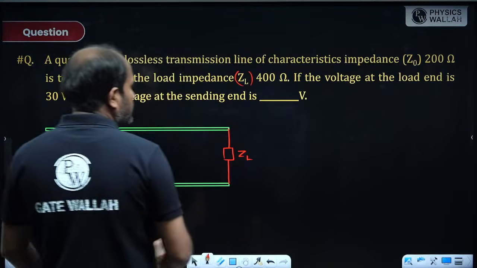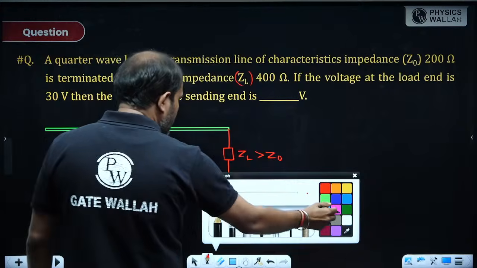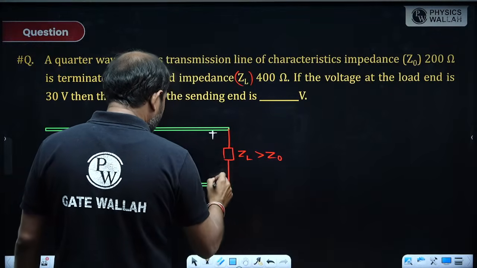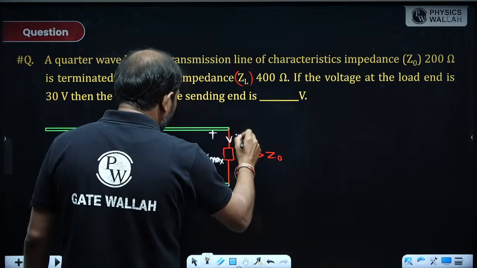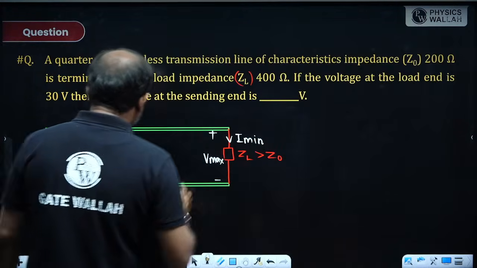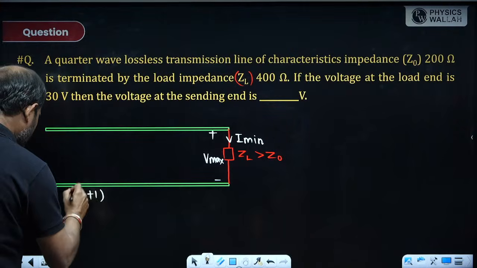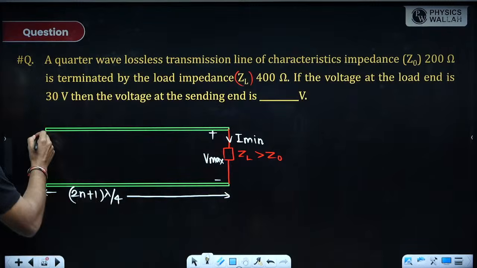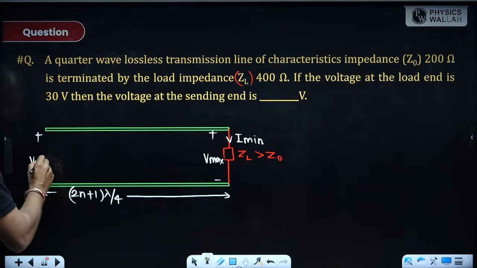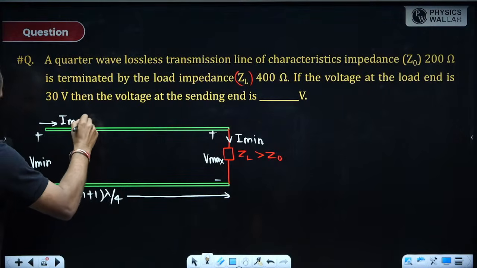ZL is greater than Z0. So here is voltage maxima, V max, and here at lambda by 4 is voltage minima, V min.